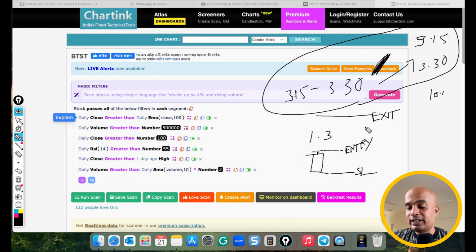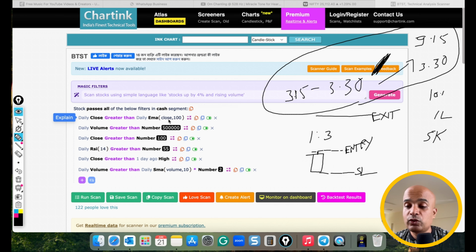You should hedge it properly if you are trading in option selling, because anything can happen in the market and price can display a big gap down open after 1 or 2 days, right, after your entry. That's also there. Suppose you are doing options buying, you should not invest more than 5% of your capital per trade, which means if you have 1 lakh rupees, you should invest only 5k for that particular options buying trade.